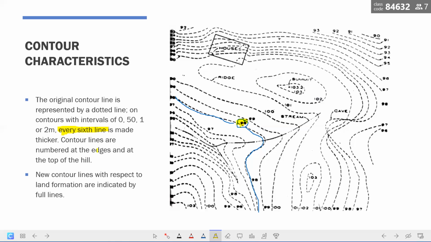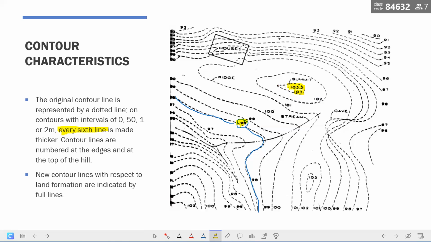Contour lines are numbered at the edges and at the top of the hill. So this is the summit. It says plus 103.2, and this is the interval line right there, the contour line.